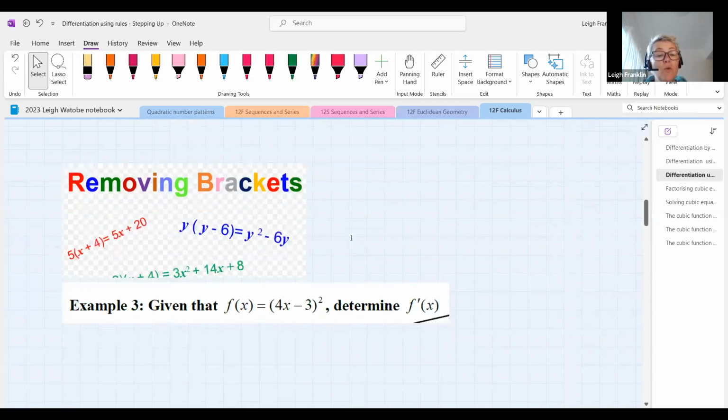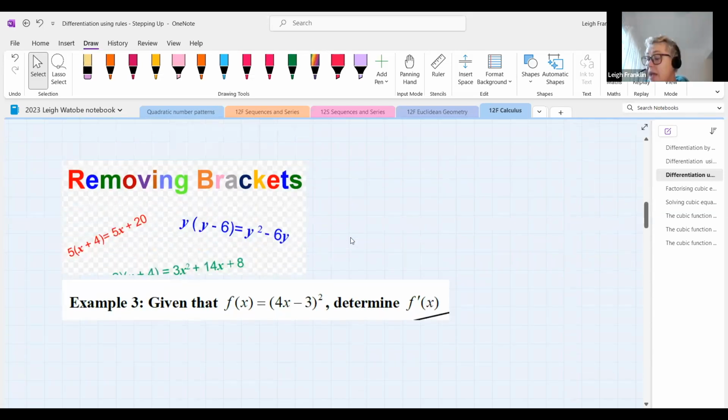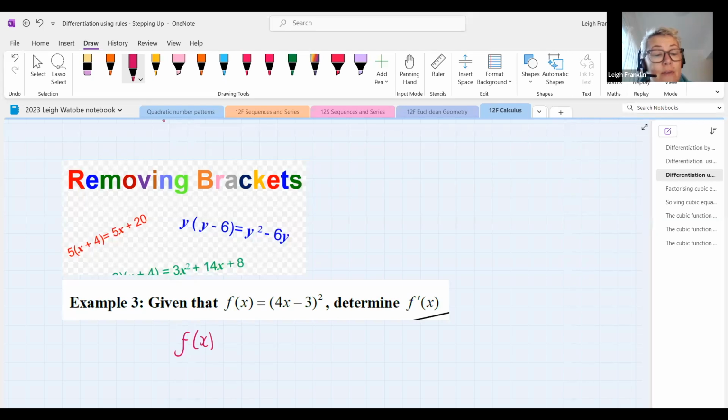So just to recap from last week, what we didn't talk about was removing brackets. It's really quite simple. What I'm trying to emphasize here more than anything else is the notation. Please note that I am not writing f prime x, I'm writing f of x while I remove my brackets. So if I'm squaring a bracket, remember, this means that I need to multiply the bracket by itself.